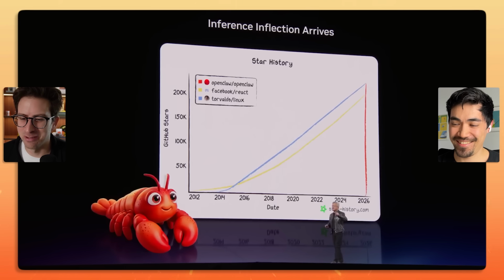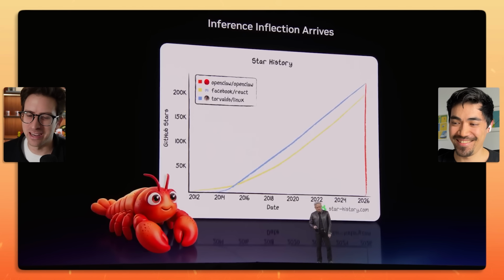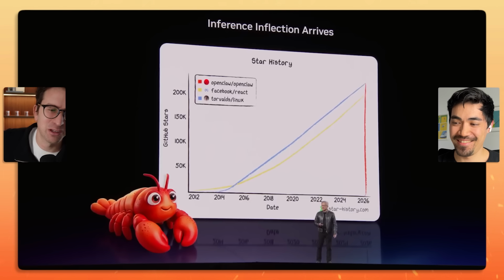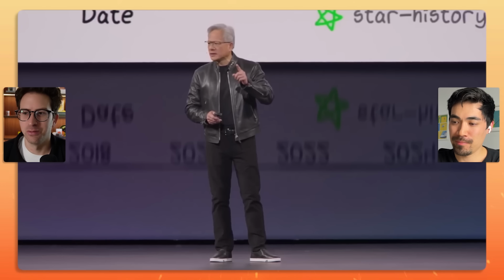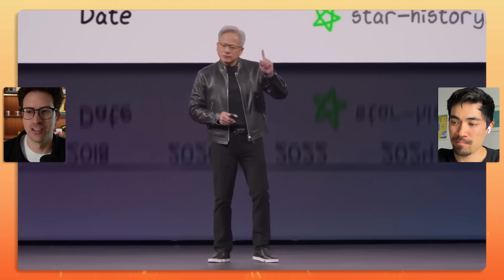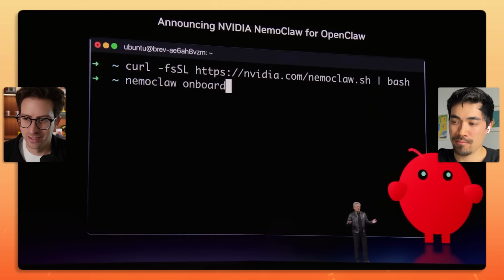So comment if you're able to find where the Greg Isenberg and Startup Ideas podcast was featured in that presentation. But he said something that was really interesting, which was every company will need an OpenClaw agentic system. He calls it the new computer in the presentation.